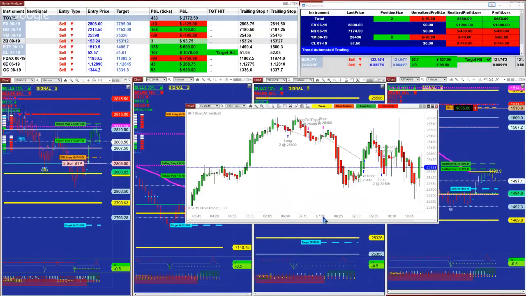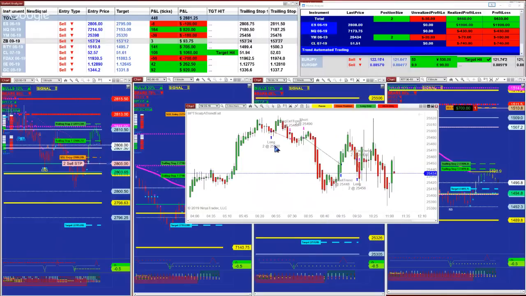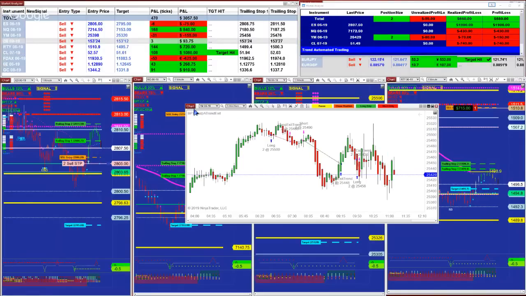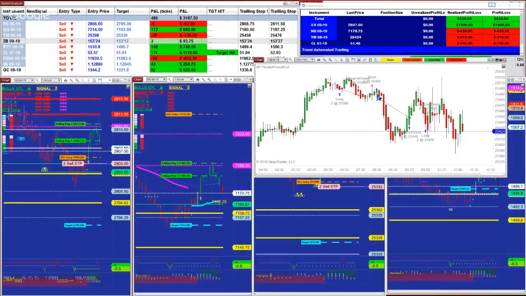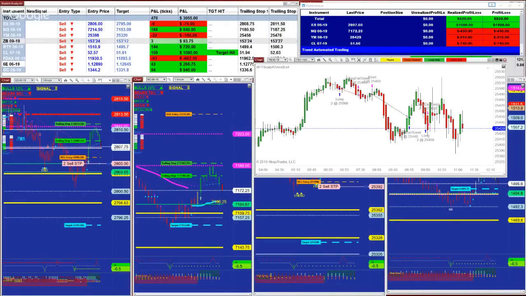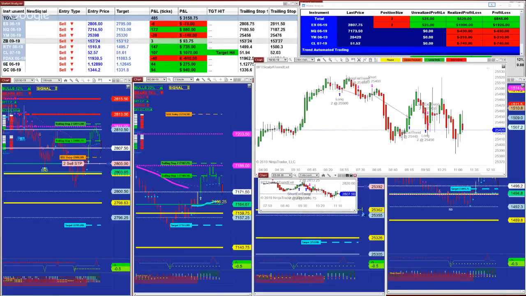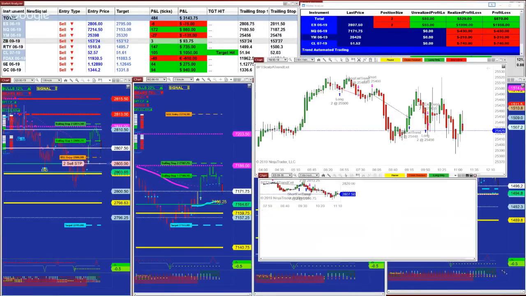This is the YM 5 minutes, and it's taking a short trade, a long trade, losing trades. And if we look at the scalper here in the upper right corner, and also the ES on the swing trading, it is nothing but disaster trading.